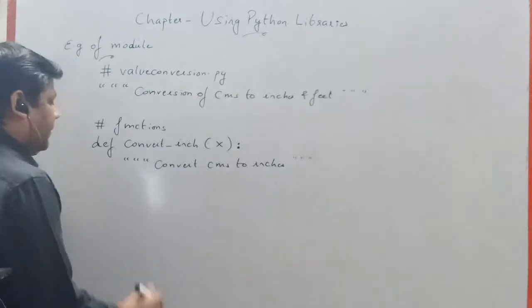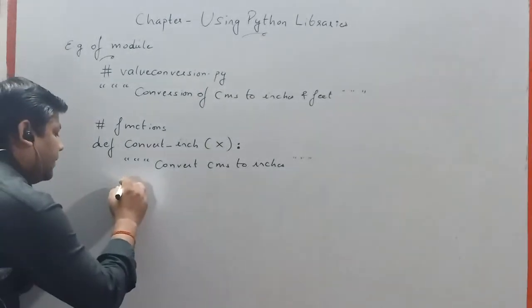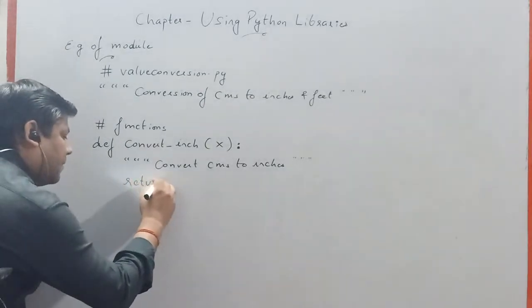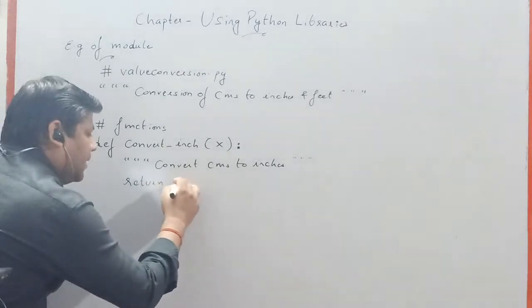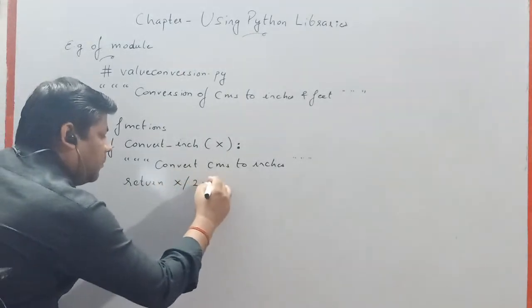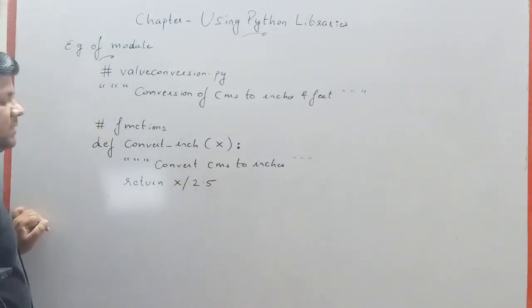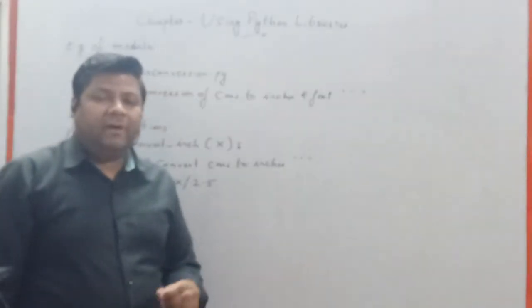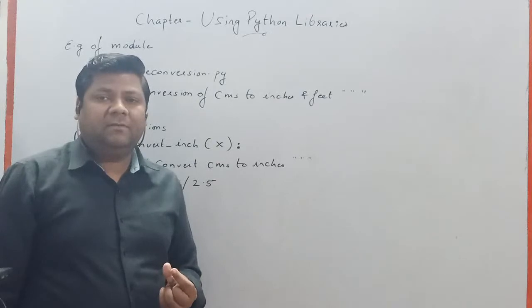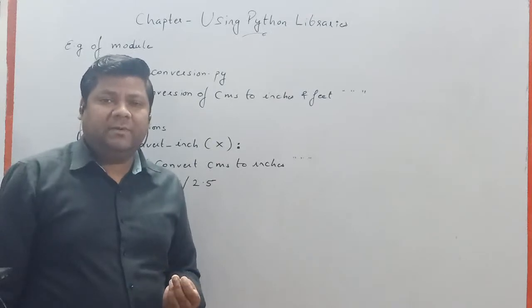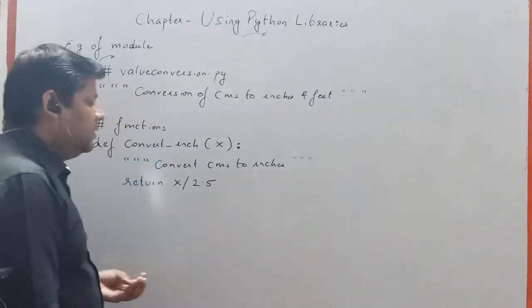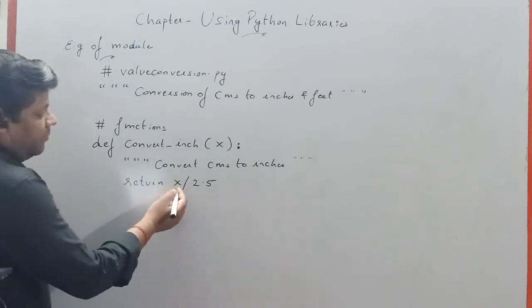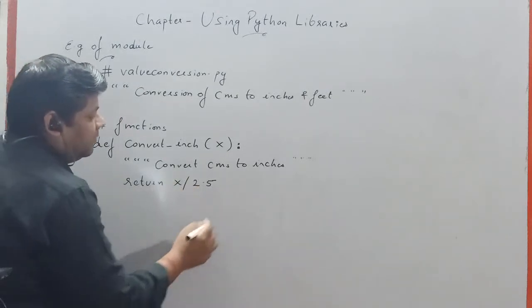Fine. Now the definition: return x upon 2.5. As we know, 2.5 centimeters equal 1 inch, so we have divided the value of x by 2.5.